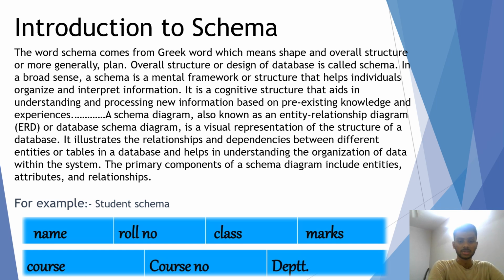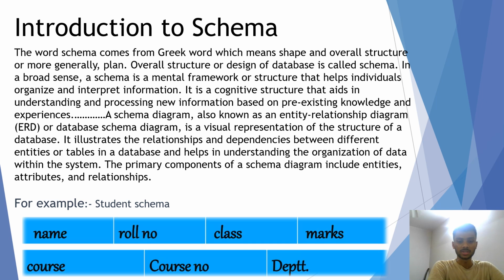A schema diagram, also known as an entity relationship diagram, ER diagram, or database schema diagram, is a visual way of representing the structures of a database by representing their names, the tables that they belong to, and also drawing the relations between them.